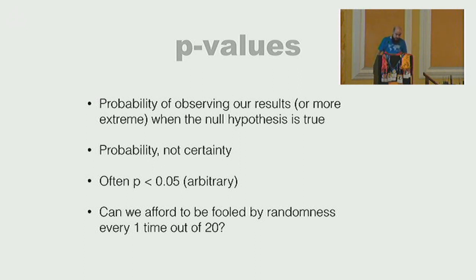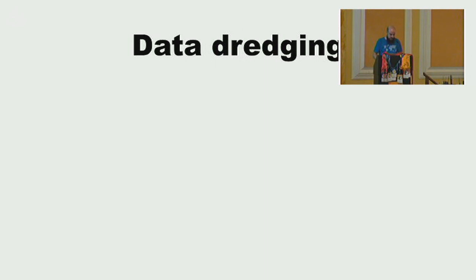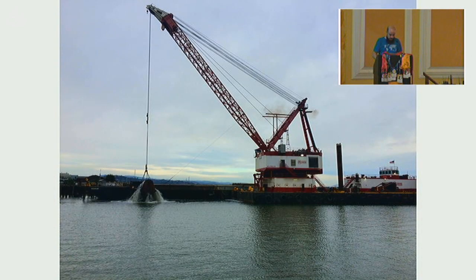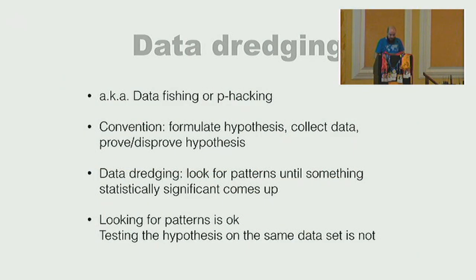Related to this notion of having a threshold of significance, there is also a malpractice which is called data dredging. Data dredging, also called data fishing or p-hacking, so we're trying to hack the p-values, happens whenever we try to brute force our data. Basically, the convention should be we have some kind of hypothesis, we collect the data, and then we prove the hypothesis or we disprove the hypothesis.